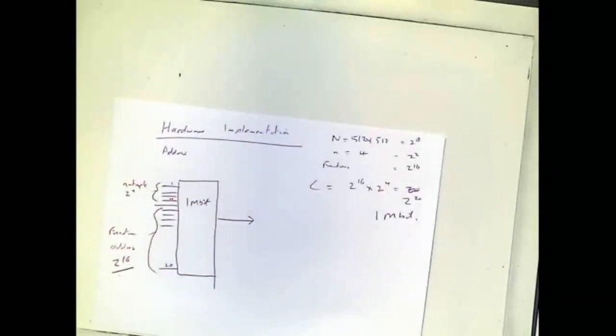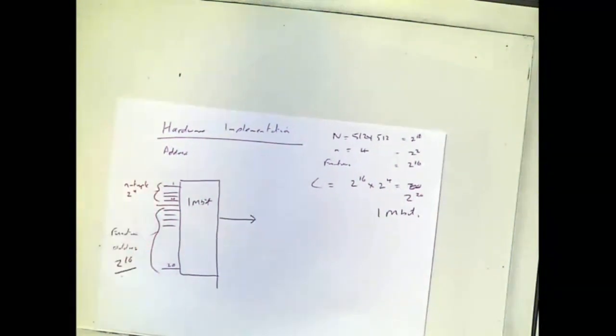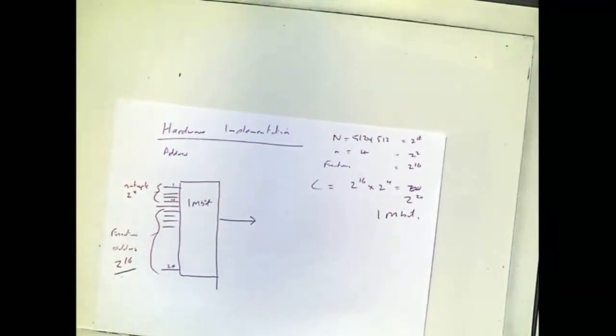For my second function, I can change the function address from all 0s to 0,0,0,0,1, and that will address a different set of 16 bits.